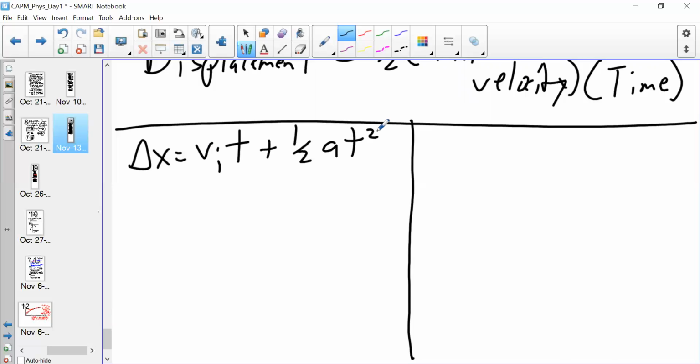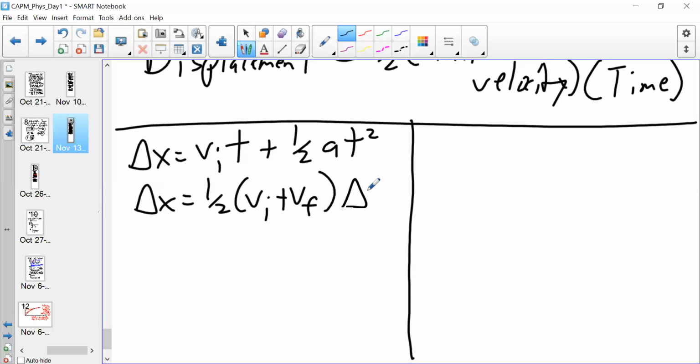It is delta t, just make it cleaner. Delta x equals vi t plus 1/2 a t squared. Use your best judgment, right?